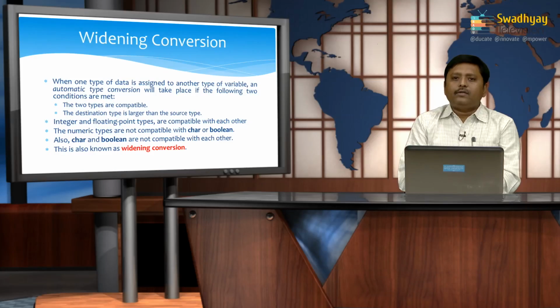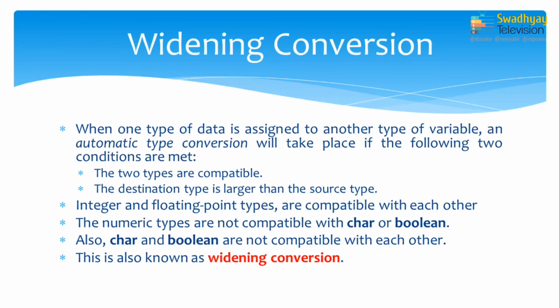Now, when you assign a small data type to a large data type, Java will automatically convert the small data type into the large data type without any problem. This type of conversion is known as widening conversion, but remember it should satisfy two conditions. First, the two types must be compatible, and second, the destination type should be larger than the source type. Integer and floating point types are considered compatible with each other.